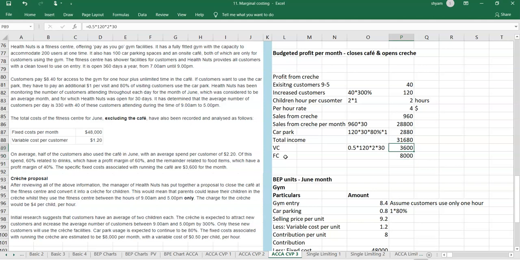Okay, so I'll repeat it. It's 0.5 per child, and 120 customers are there, and each of them will bring two children, and totally 30 days are there.